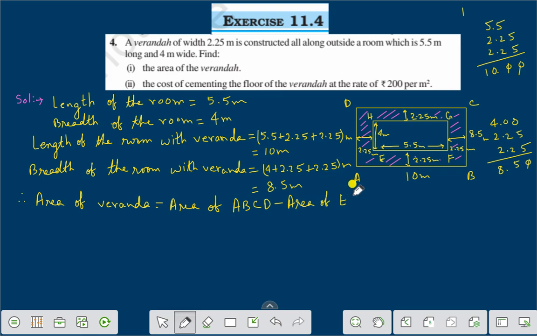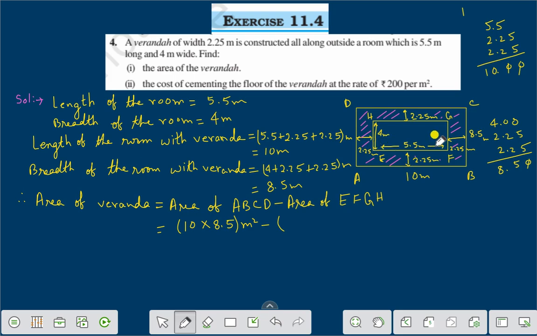Area of ABCD: the length is 10 meter and breadth is 8.5 meter, in meter square, minus area of EFGH.